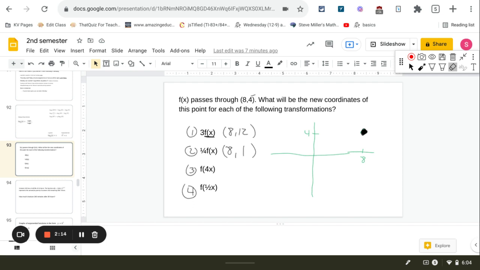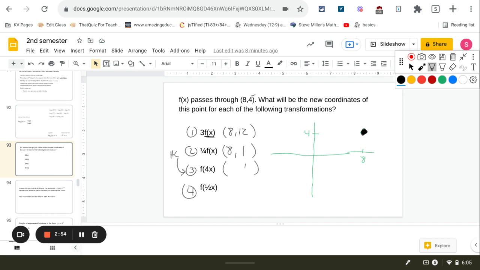All right, now the next two are the ones that are a little counterintuitive. For a horizontal compression, yes, it's backwards from what I normally would think. For a horizontal compression, all the points, like this point here, are going to be brought in closer to the y-axis. It's getting squished inwards. The important thing is that the y values are going to stay the same, but the x value is going to change.